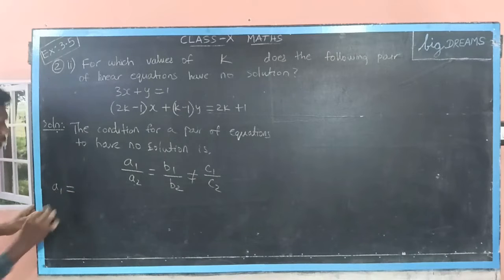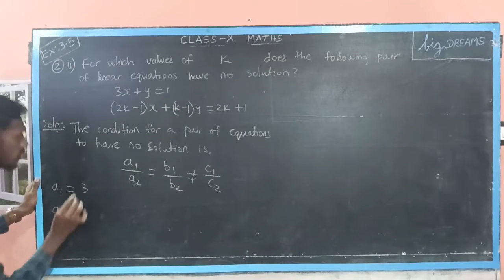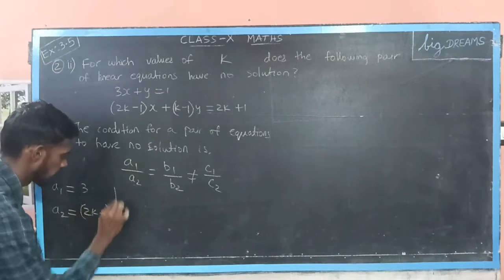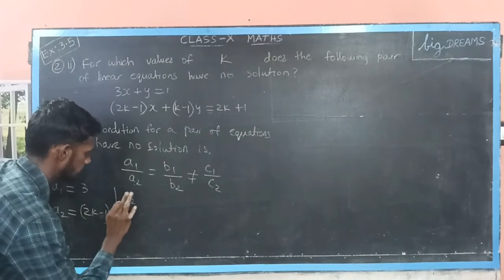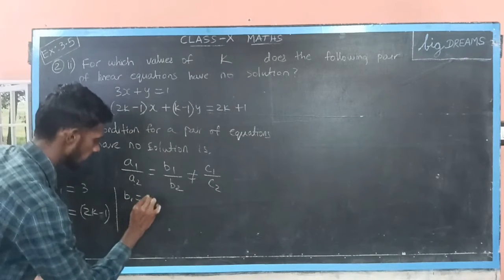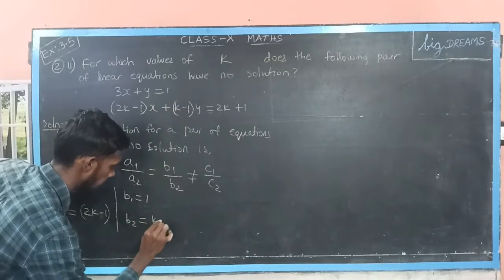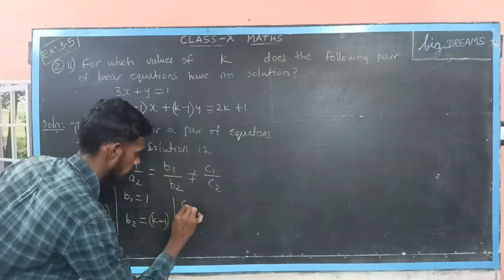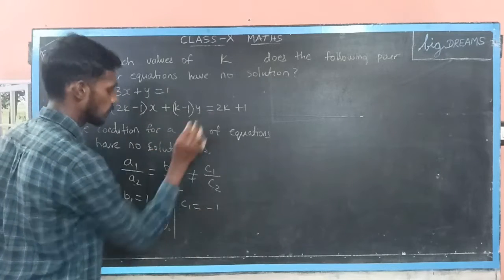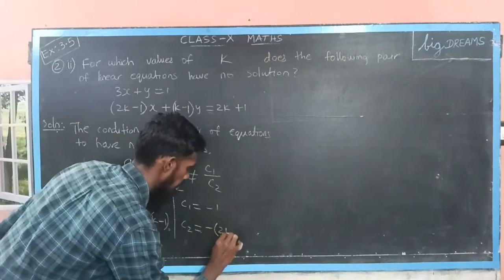First find the values: a1 is 3, a2 is 2k minus 1. Then b1 is equal to 1, b2 is equal to k minus 1. c1 value is minus 1, c2 value is minus of 2k plus 1.